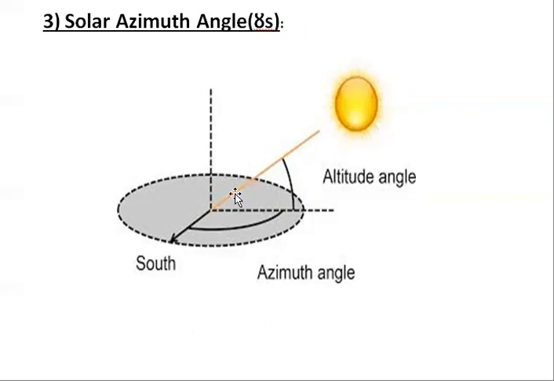So if this is the sun ray, then I considered the projection, then the angle which is made by the horizontal planes between the line due to south and the projection of the sun rays on the horizontal plane is called as azimuth angle. That means this is the south plane. From this point to this point, this one represents the azimuth angle.